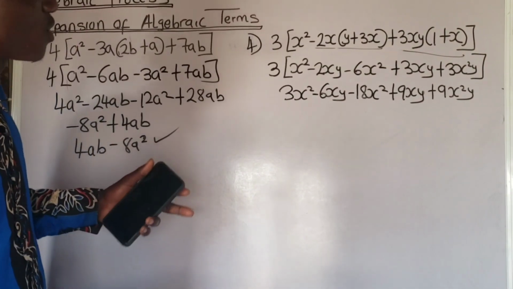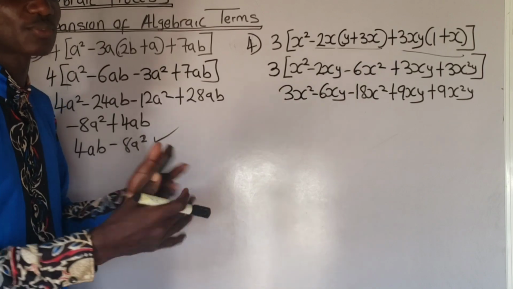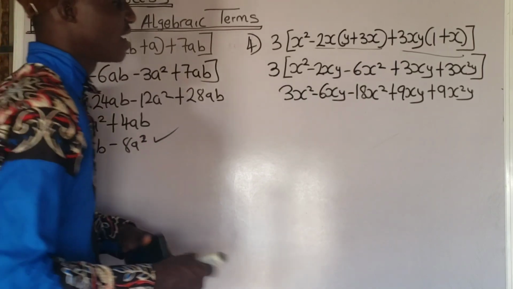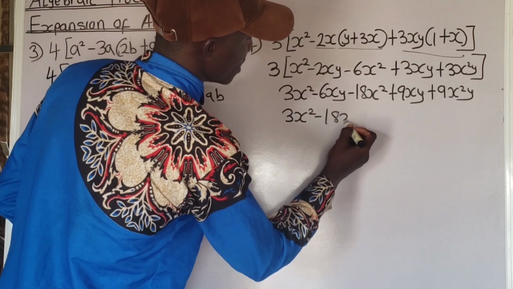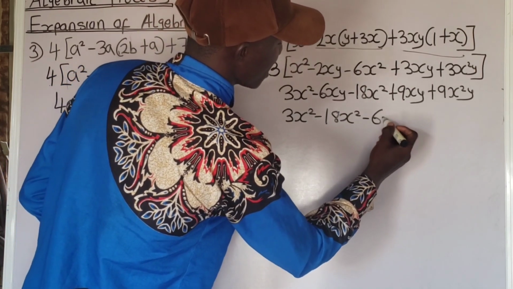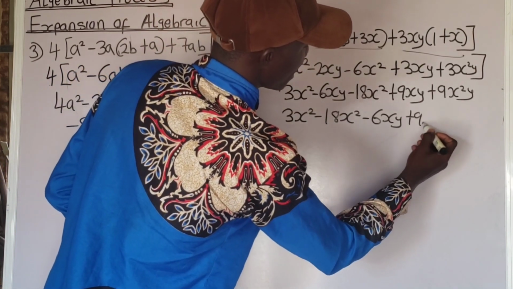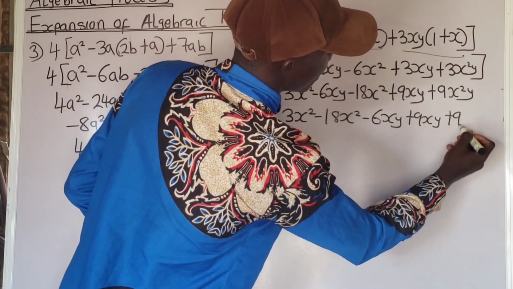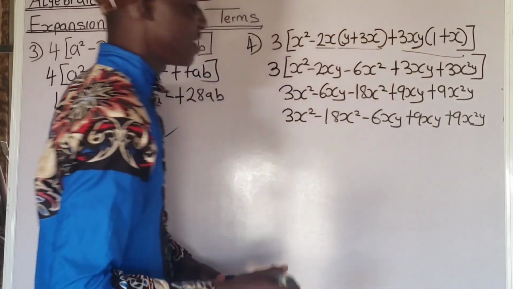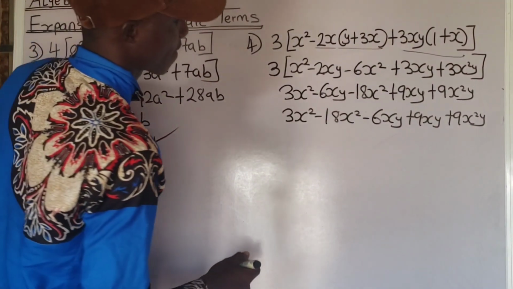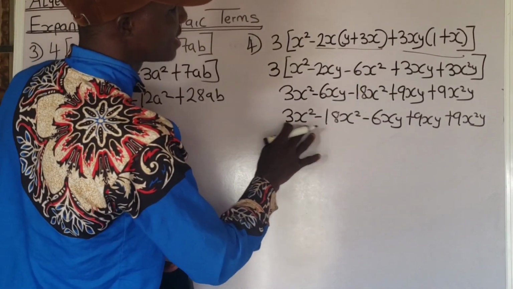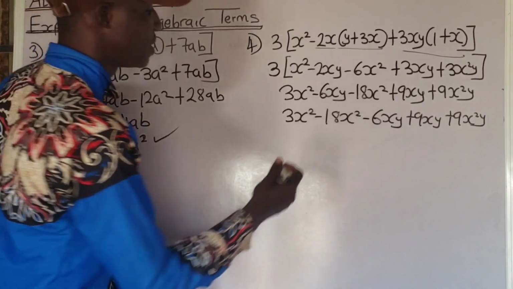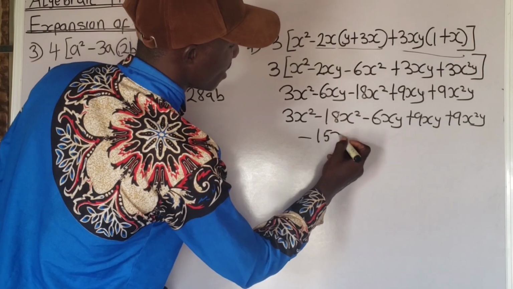Let's see if we can collect like terms, if there are terms that are similar that we can add together. We have 3x squared, negative 18x squared, negative 6xy, positive 9xy, positive 9x squared y. Now, I'm going to rearrange this. 3x squared, negative 18x squared will give me negative 15x squared.